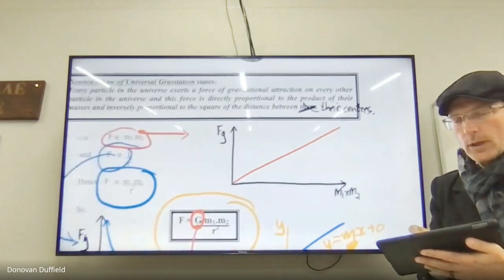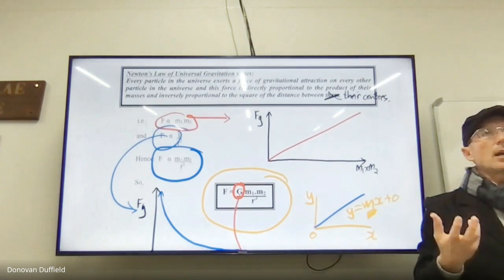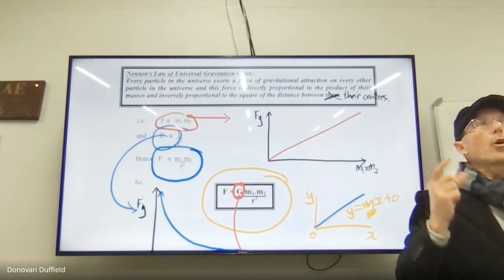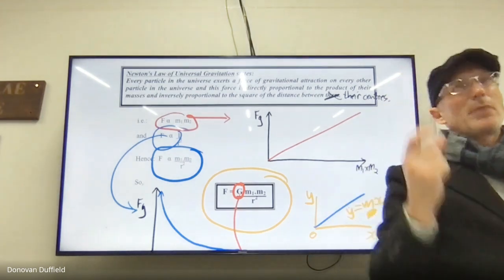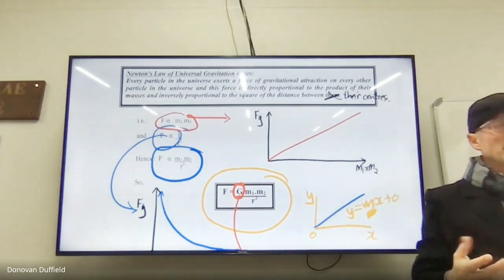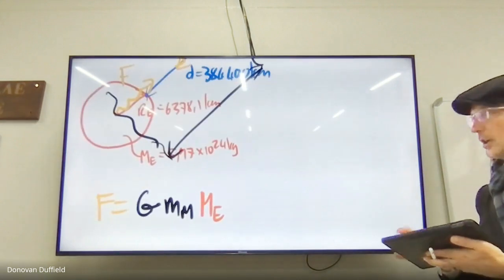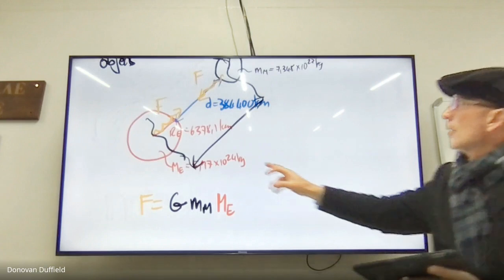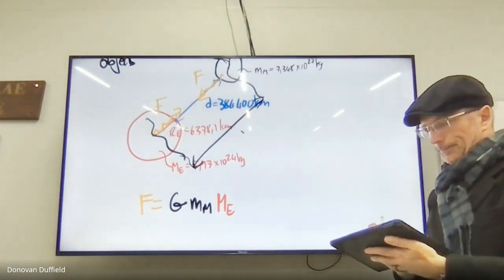When you're working with astronomical objects, their physical size is so big, you can't overlook their physical dimension. So what we do now is we work out the distance from this center to that center.